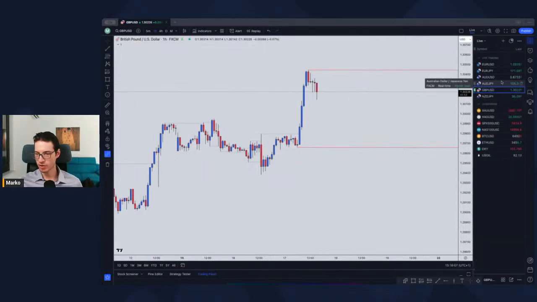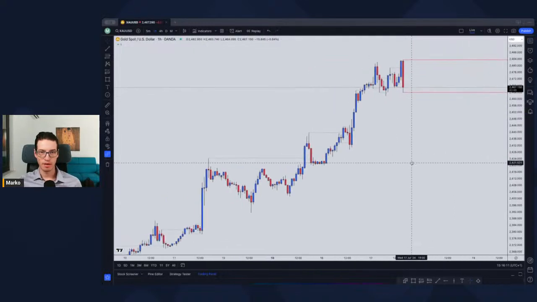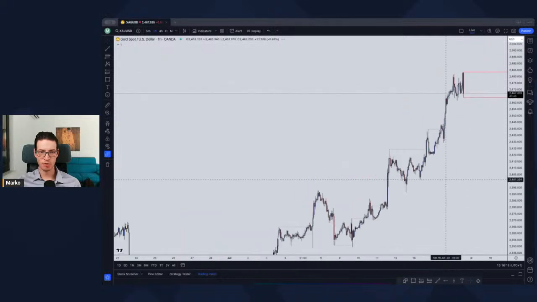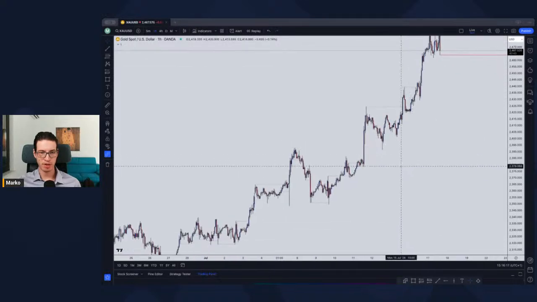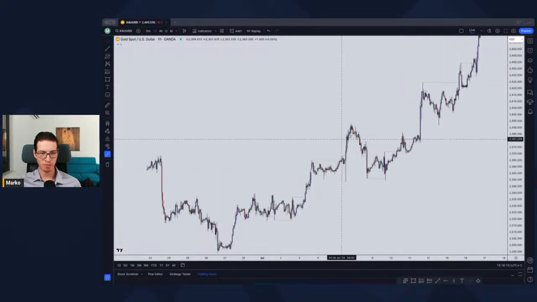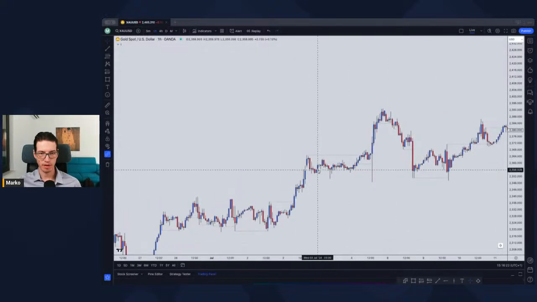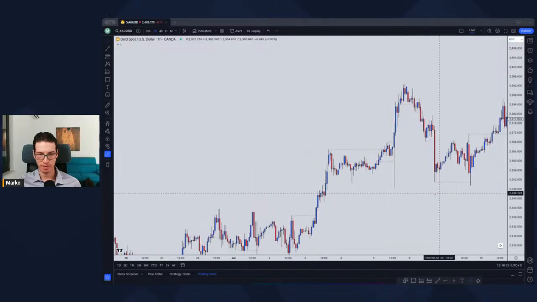Gold, Alfonso. Yeah, sure. Let's do gold. On the 1 hour, definitely was in a large uptrend. We even had a flag right here. Here we had a flag formation.